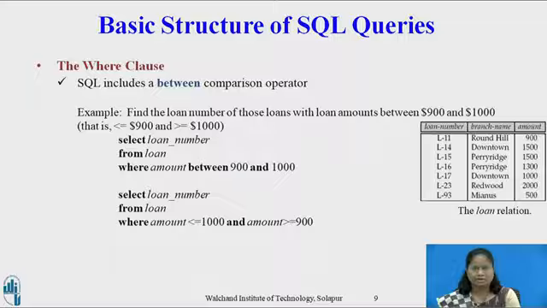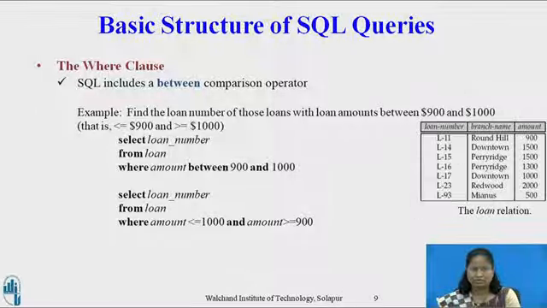Comparison can be applied to the result of arithmetic expressions. SQL includes a between comparison operator to simplify where clauses that specify that a value be less than or equal to some value and greater than or equal to some other value. Example: find the loan numbers of those loans with loan amounts between $900 and $1000.